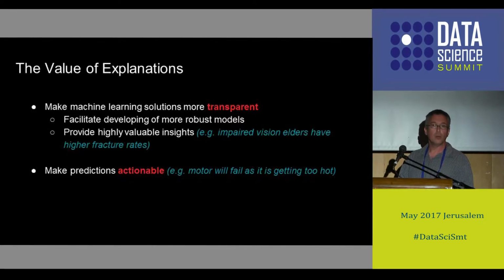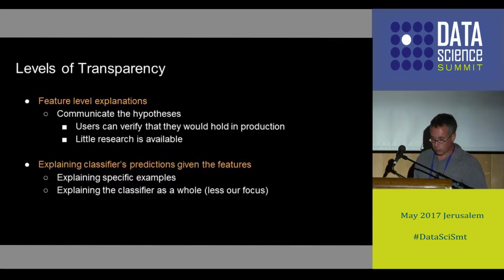And finally, they will help us a lot in making predictions actionable. For example, if I know that an equipment not just is going to fail, but it is going to fail because it is getting too hot, I can deal with the problem much more efficiently. I can actually prevent it much more efficiently. Okay, so this is the topic of today's talk.